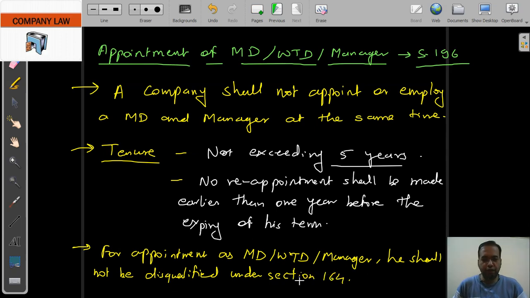Section 164 talks about the disqualification of the director. So he should be qualified enough to be a director in the company, then only he will be eligible to become the MD, WTD or manager.